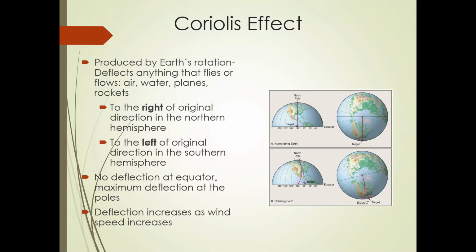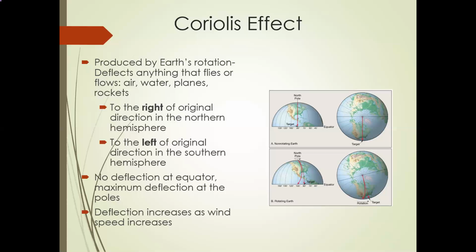Looking at the diagram to the right, on a non-rotating Earth, if we flew from the North Pole down south, it would just be a straight line motion. So our path wouldn't have any deviation at all. That's a non-rotating Earth. But think about a plane flying and the Earth rotating underneath that plane. If the pilot doesn't take into account that the Earth is rotating underneath the plane, then he ends up in a totally different location than his target area.